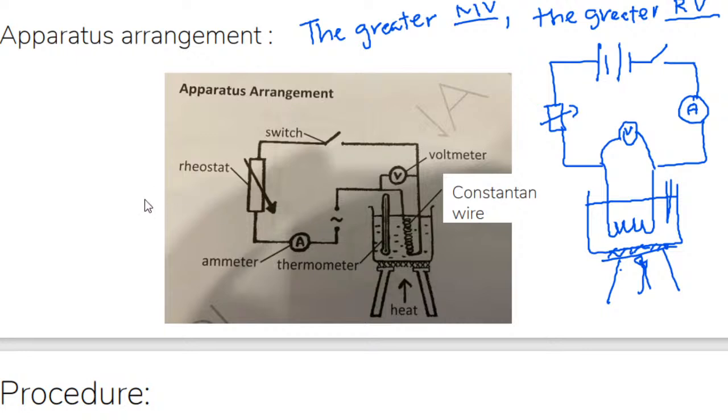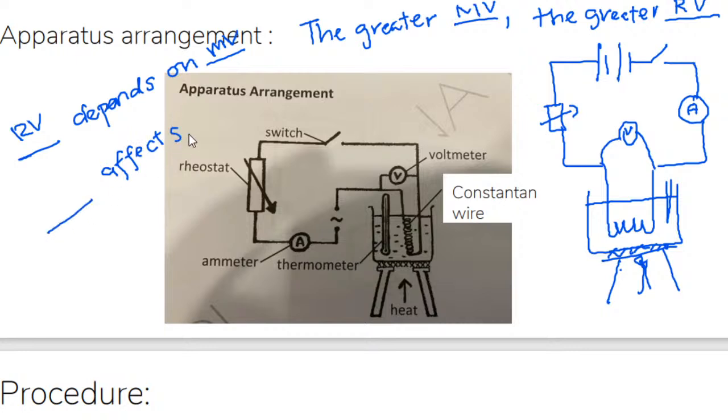For the inference, if you use the words 'dependent on' or 'depends on', then the responding variable comes first and then MV. But if you use the word 'affects', some students write like this: what affects what?